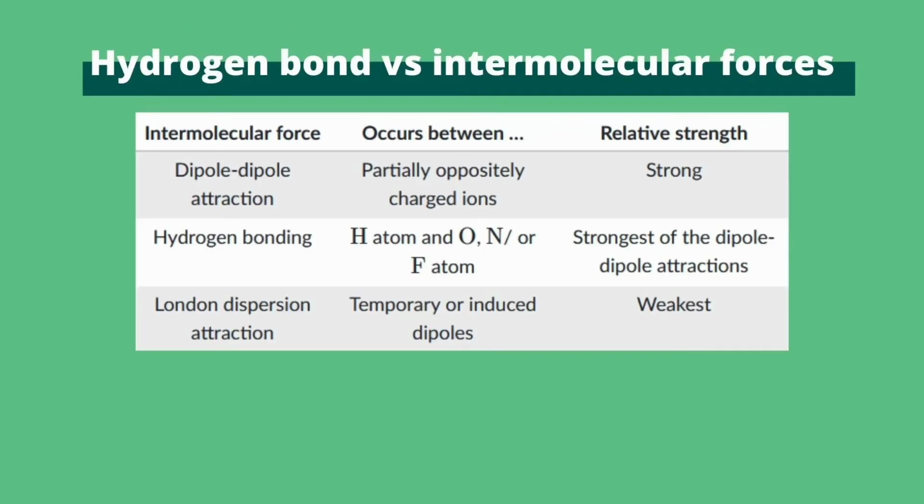While in the intermolecular forces group, hydrogen bonding is the strongest because hydrogen bonds with very electronegative elements, which are nitrogen, oxygen, and fluorine. Dipole-dipole attraction is not as strong as hydrogen bonding, and London dispersion attraction is the weakest because it is only a temporary bond.